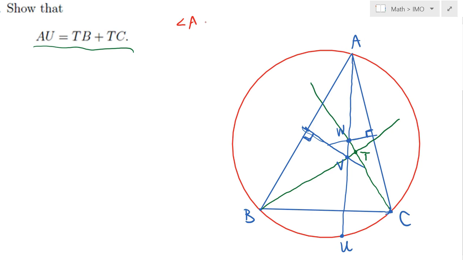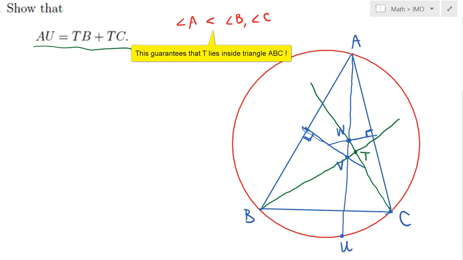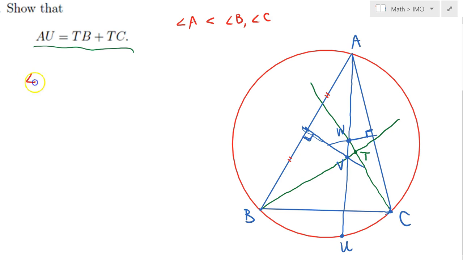So angle A, we are told, is less than both angle B and angle C. Then secondly, because we have the perpendicular bisector of AB here, these two are the same, so it is obvious that triangle AVB, and similarly triangle AWC, are isosceles triangles, and as a result, this angle here would be simply equal to this angle, and similarly this angle is equal to that one here. So that's obvious.